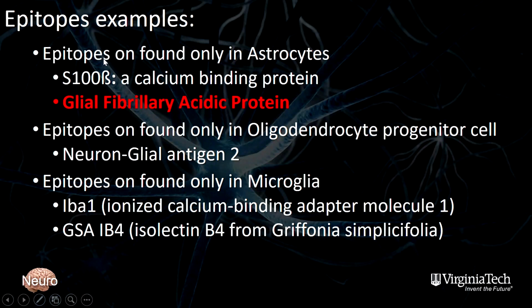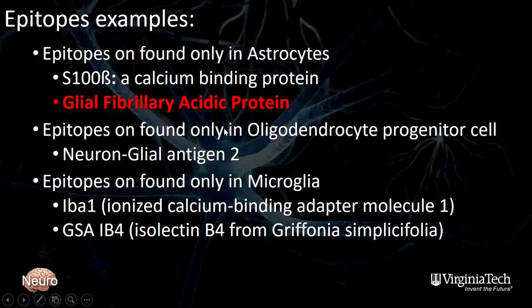And another example is astrocyte. So there is a protein or epitope called S100 beta. That's the epitope name, and it has multiple epitopes. That is a calcium binding protein, and then there is GFAP. We're going to use GFAP staining to label our astrocytes in this lab.